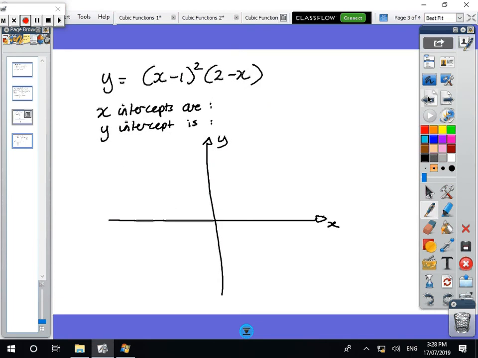Okay, so we've got a cubic. Again, it's a positive x cubed, so it's going to finish in a plus direction. But we've got x-intercepts, and it looks like we've only got 2, because we've got a double here.